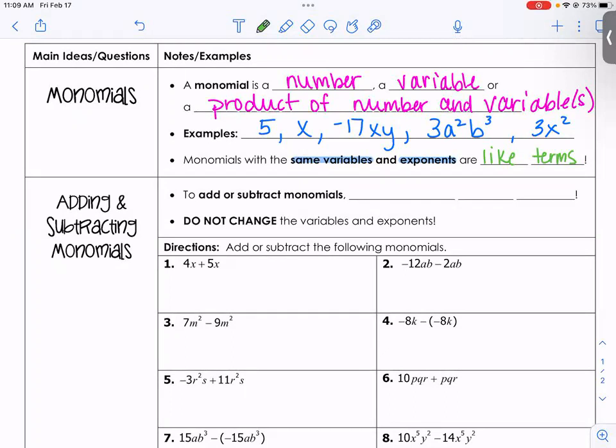Like terms, okay? When I ask you to add or subtract a monomial, I'm really just asking you to combine like terms.